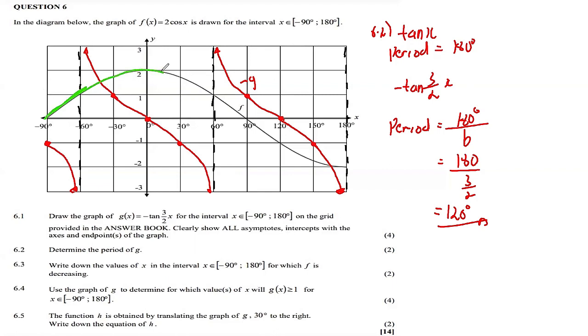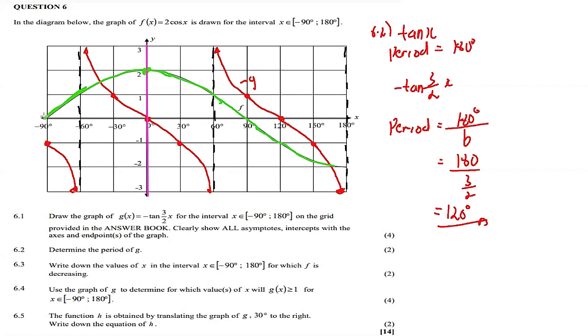Note that I said with decreasing or increasing questions, you just have to locate the turning point. So where is it decreasing? We can see that this is a turning point here, found on the x-axis. So let's first locate our turning point, or our stationary point. We can see that it is there. Now they're asking for the values of x in the interval for which f is decreasing.